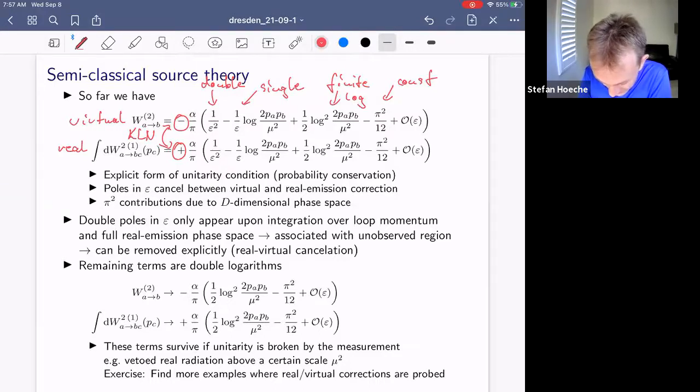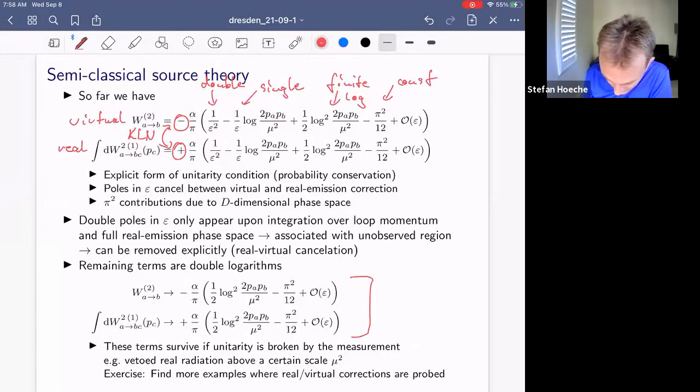It's made very explicit. And because we obtained this pole cancellation between real and virtual from integrating over the full phase space, you can actually assign this to the endpoints. We can discuss this more in the recitation session, and remove the poles. And what remains are only the double logarithmic terms down here. And these terms do actually survive.